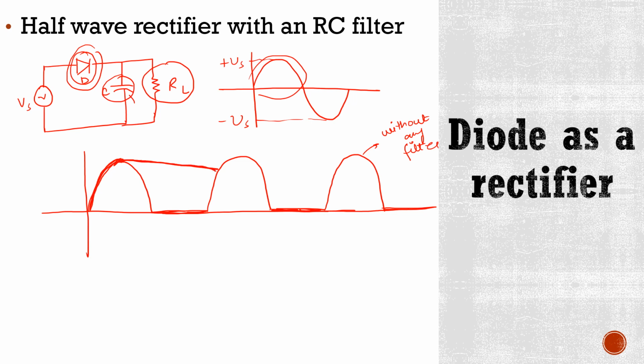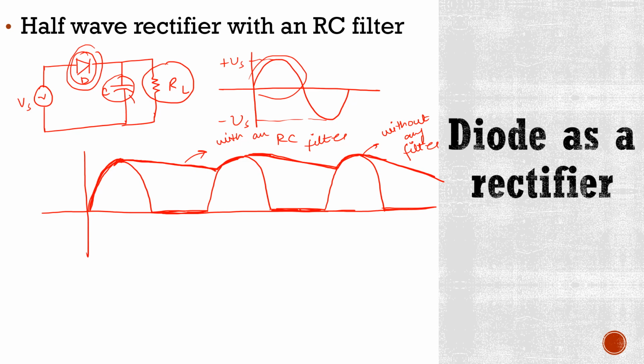So now this discharging of capacitor will look like this on this waveform. And for second cycle, the charging will look like this, and this discharging will look like this. Again, for third cycle, this is charging and this is discharging of capacitor. It means here this is showing output waveform with an RC filter.